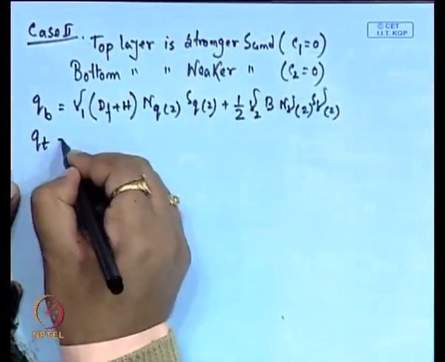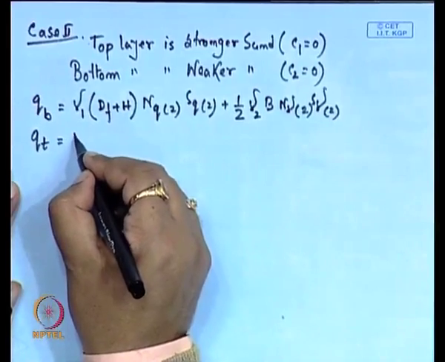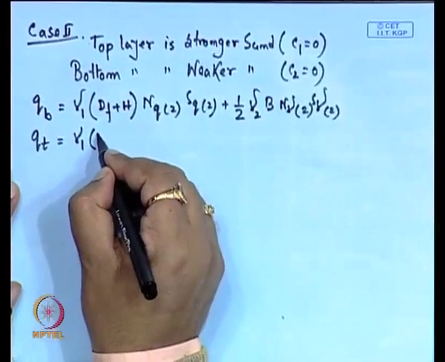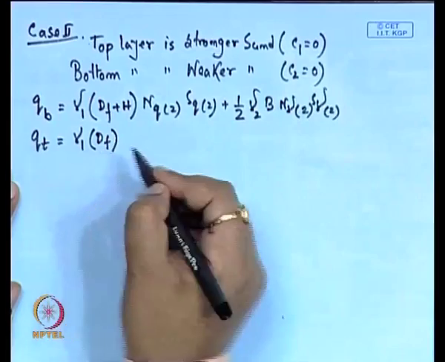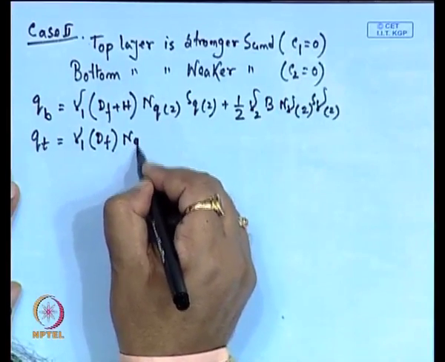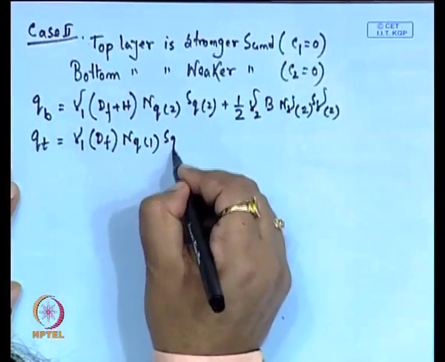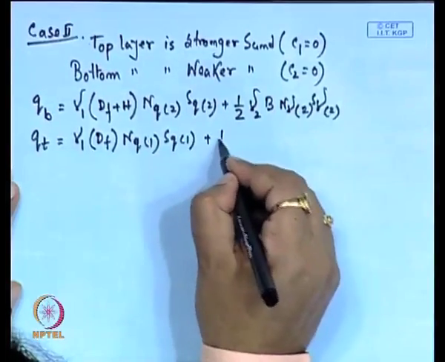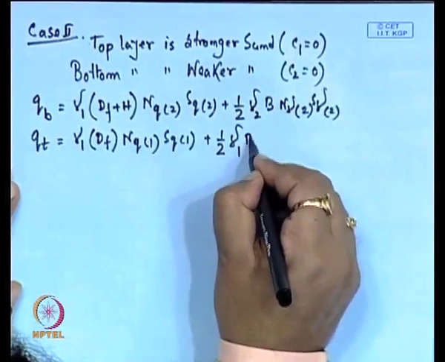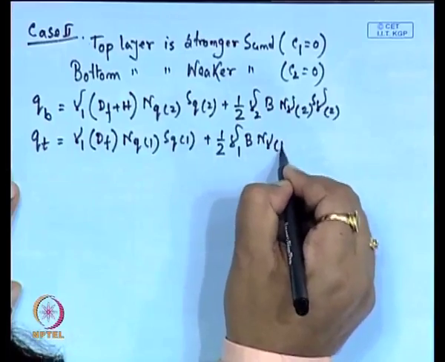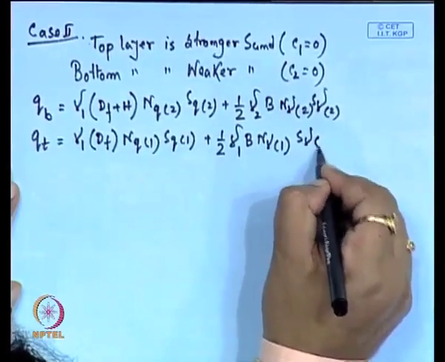Similarly, Qt will be gamma 1 into df into Nq1 Sq1 plus half gamma 1 B N gamma 1 S gamma 1.